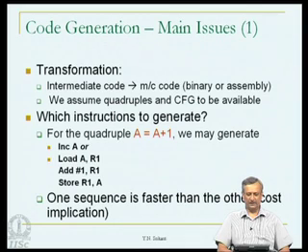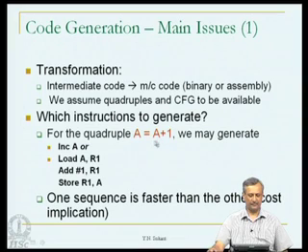The first issue is which instructions should we generate. So, for example, let us say the quadruple is a equal to a plus 1. A very simple instruction such as increment a can be generated, or we can say load a into the register R1, add the constant 1 to R1 and store the register R1 in a.